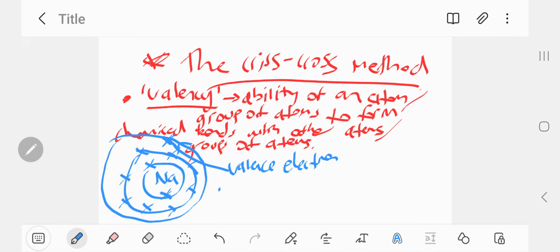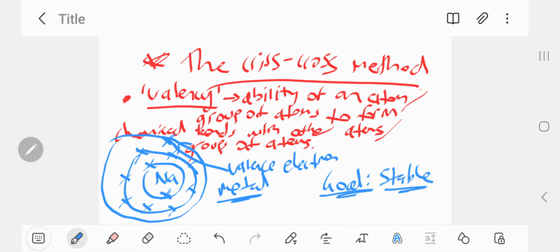Sodium is a metal, and metals tend to give away electrons, because the goal of any atom is to be stable. Stable means it's got full shells.